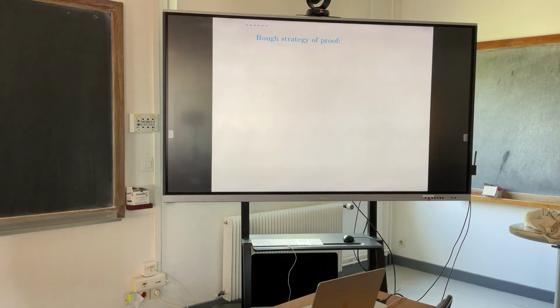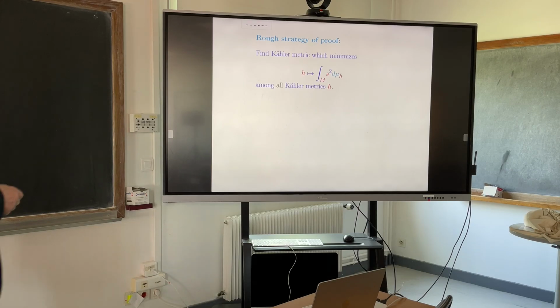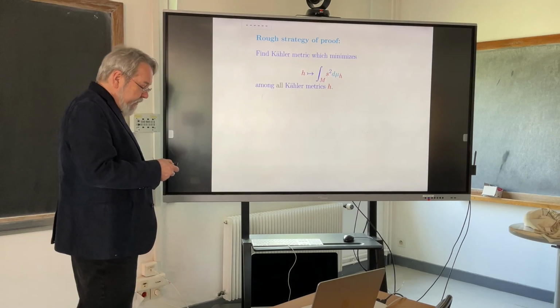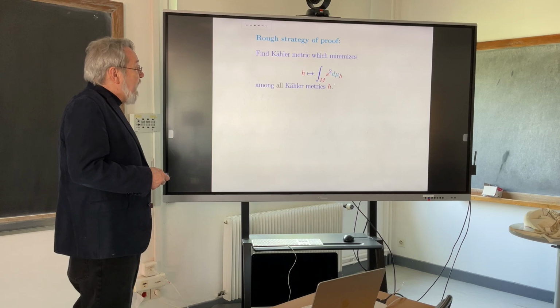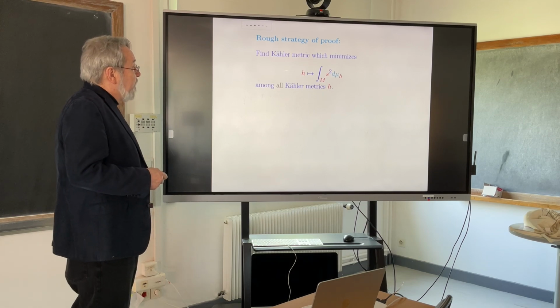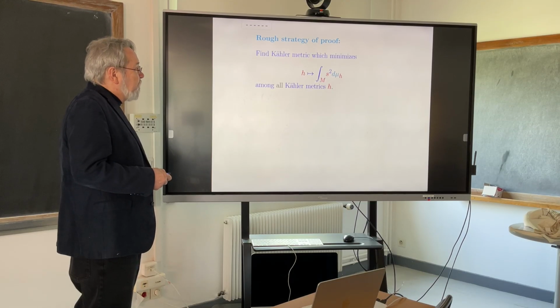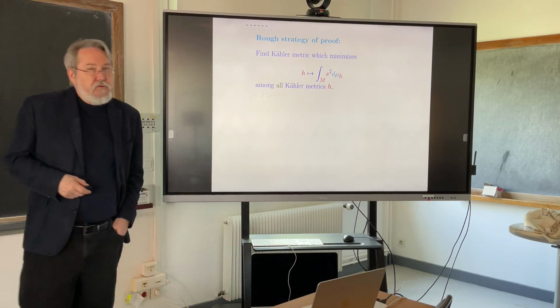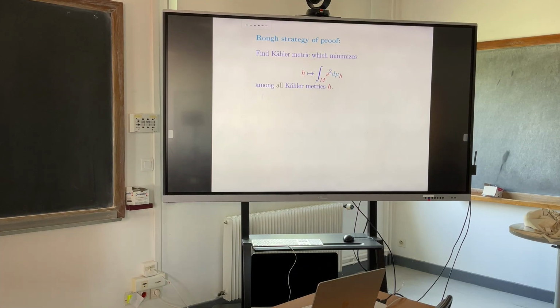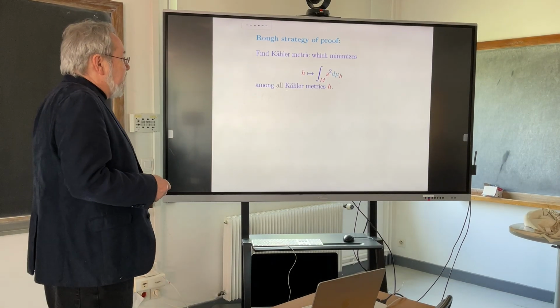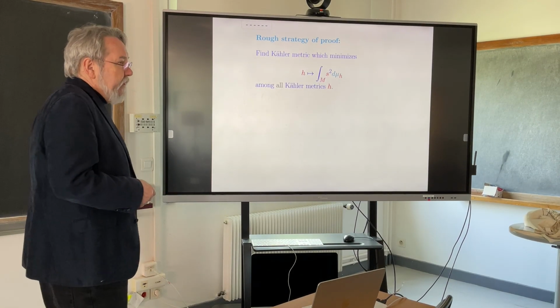So the rough strategy of the proof is to look for Kähler metrics, and here I'm using the notation h for my Kähler metric, and the Einstein metric will eventually be g. Among all Kähler metrics, consider this functional, which sends h to the integral of the scalar curvature squared. That's the functional these lectures have been obsessed with. But here, we're going to try to minimize this not on all metrics, but just on the Kähler metrics.